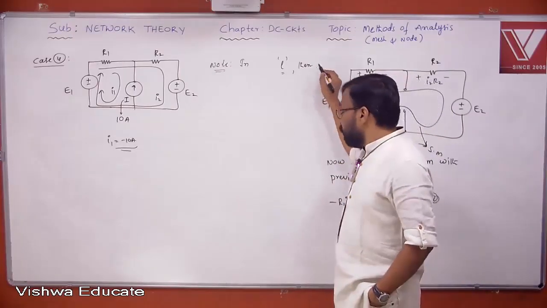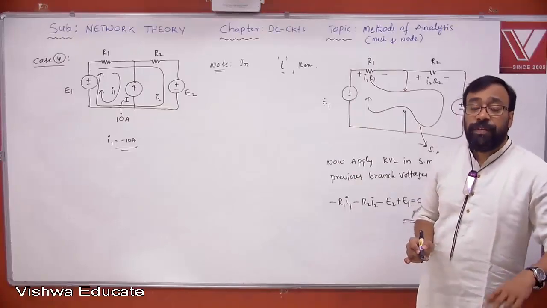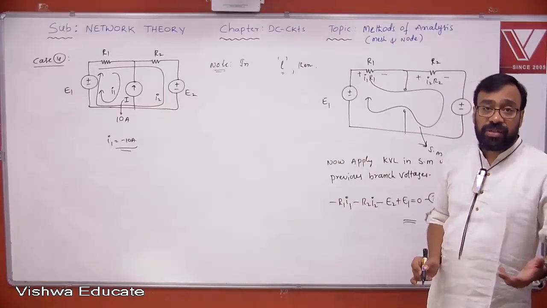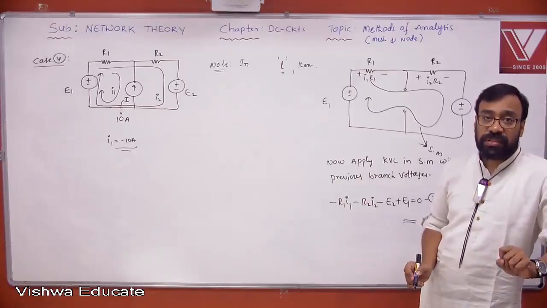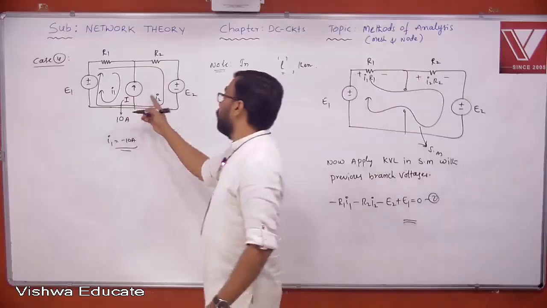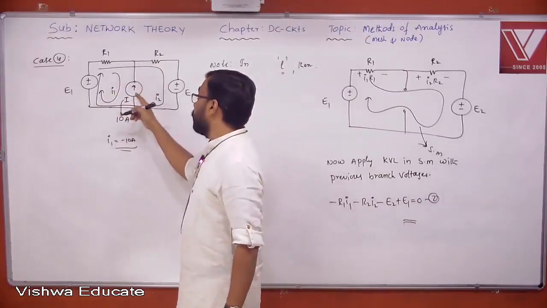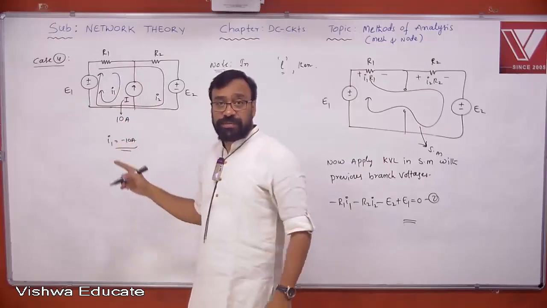But this condition fails when there are ideal current sources. When there are ideal current sources, what's happening here? Number of loops is 2, but the minimum number of equations required is 1, if you choose the loop currents in a different fashion. Yes or no?